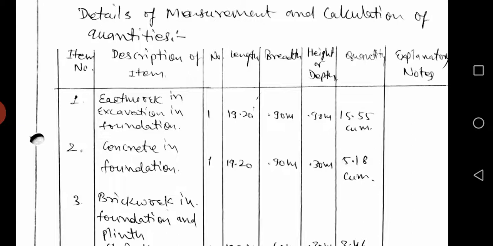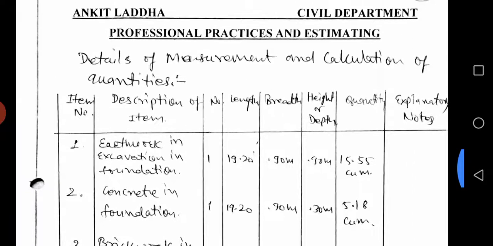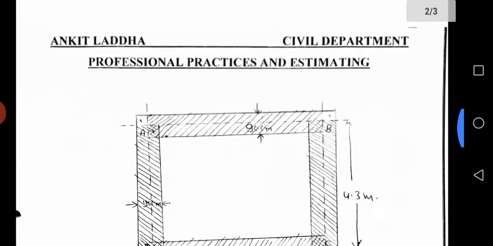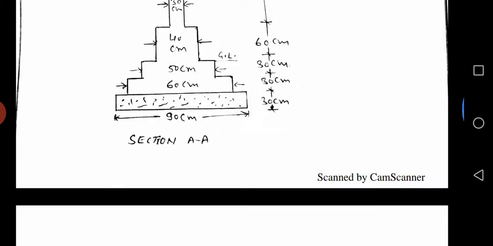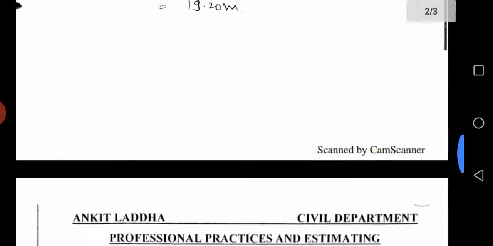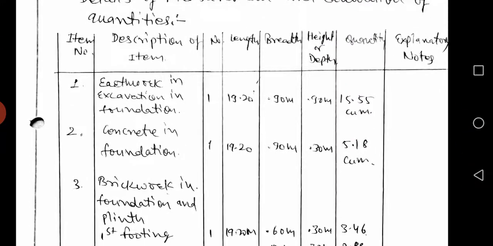Number is 1, because in centerline method all numbers are 1. Length we already calculated, center to center length is 19.2 meter. Width for the excavation in foundation is 90 centimeter, so 0.9 meter width.